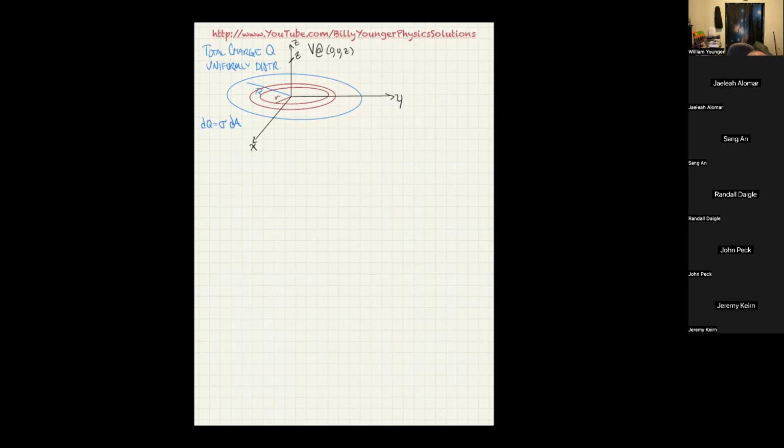And I'm going to say that this thickness right here is dr, and that this quantity right here, dq, is equal to sigma times dA. And I'm going to say that dA is equal to 2 pi r dr.